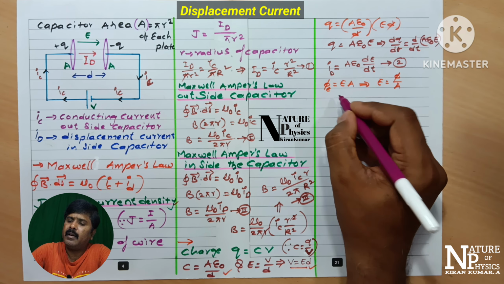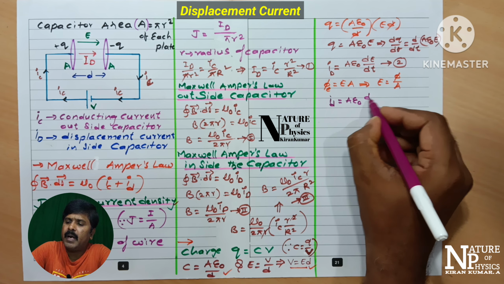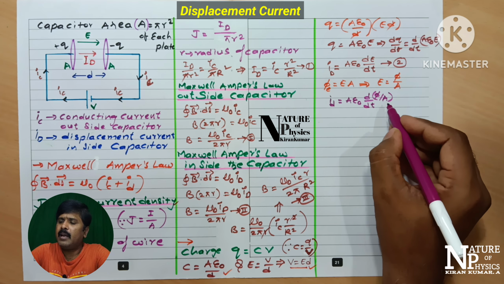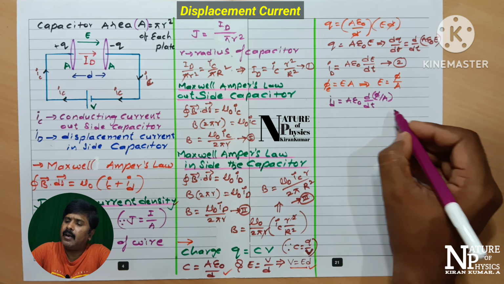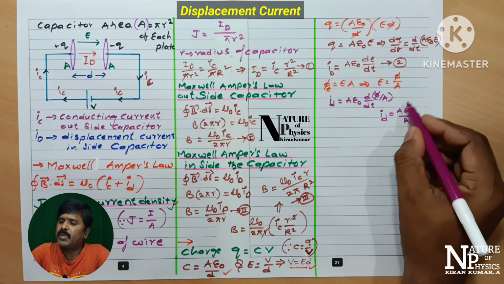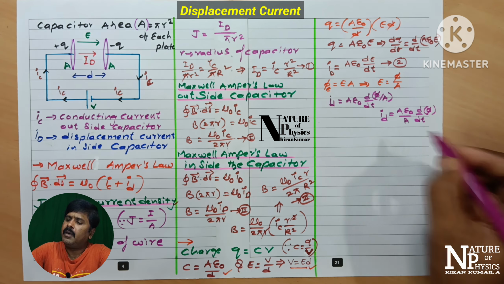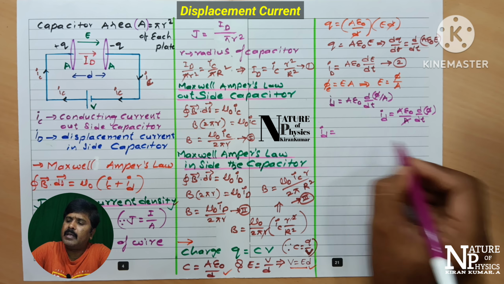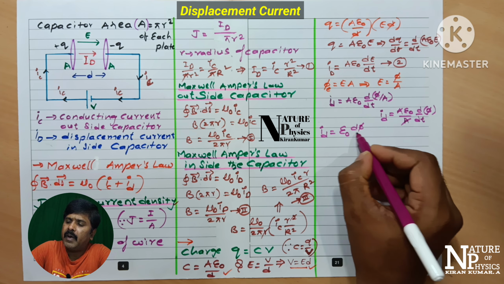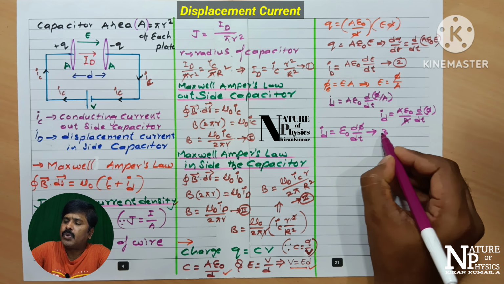Then the displacement current I d which is equal to A epsilon naught d by dt into phi divided by A. So in this, A is common, so that I can write I d which is equal to A epsilon naught by A common, and d by dt of phi. Here A gets cancelled. I d is the displacement current which is equal to epsilon naught into d phi divided by dt. This I can write as equation number 3.